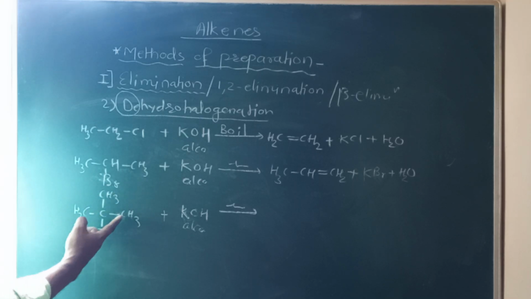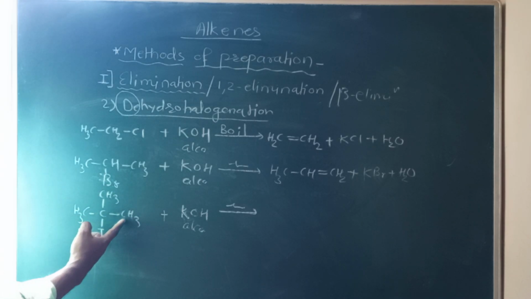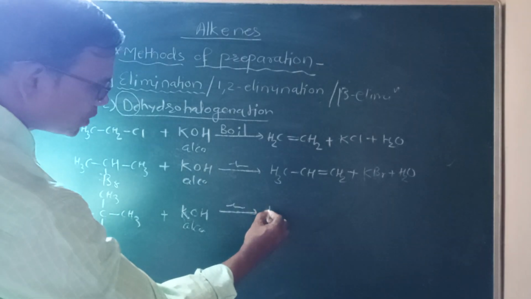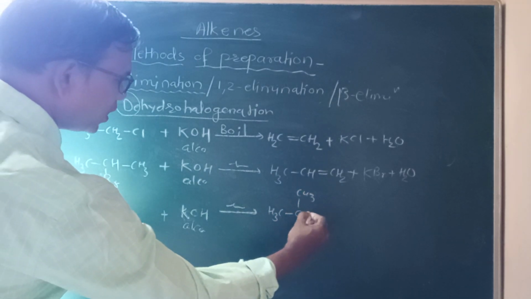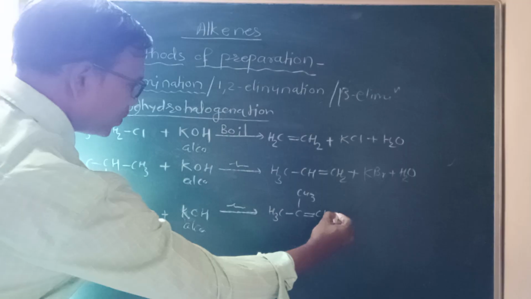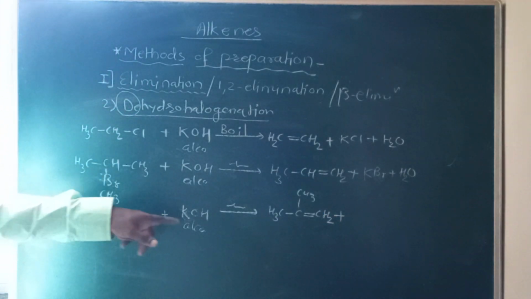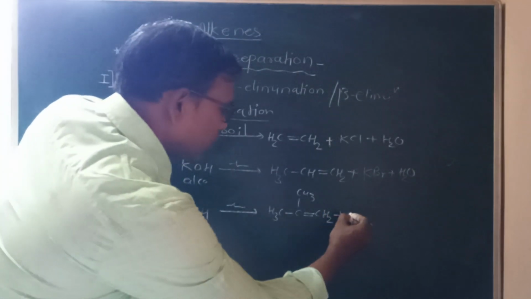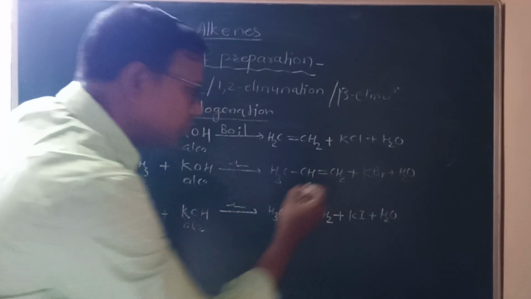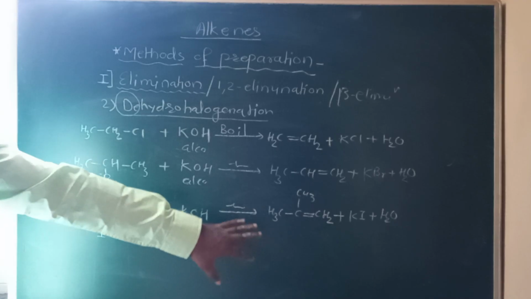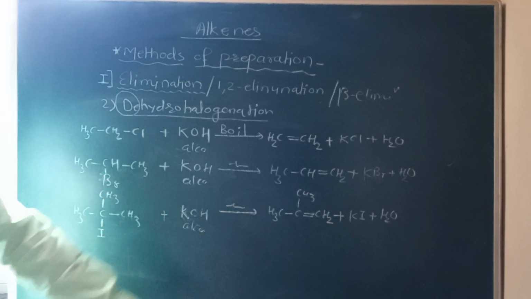So let's remove H from this carbon, so that there is formation of a double bond. You'll get CH3, then C, then CH3, then double bond CH2, plus HI, which gets lost and neutralized by this base, giving KI, that is potassium iodide, and a molecule of water. This compound is isobutylene.